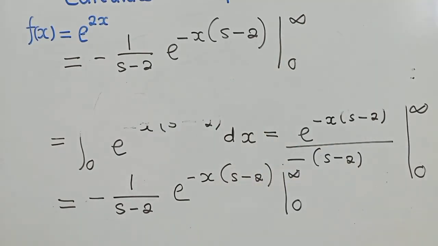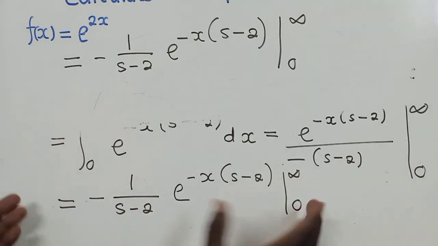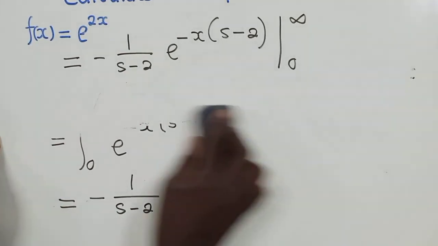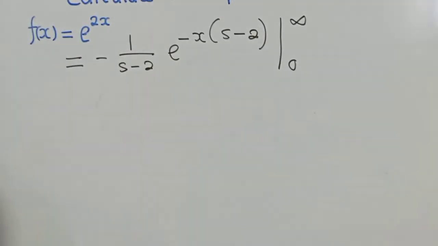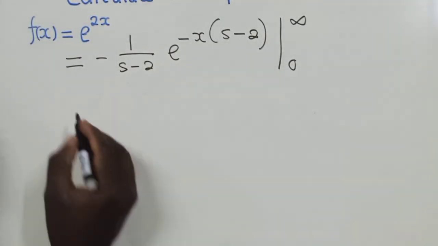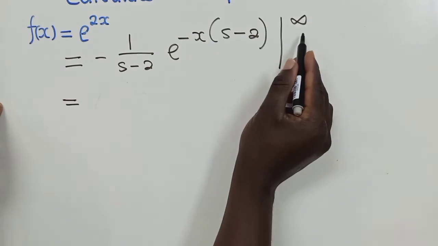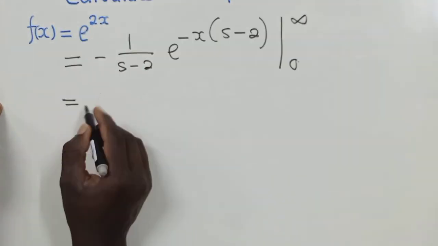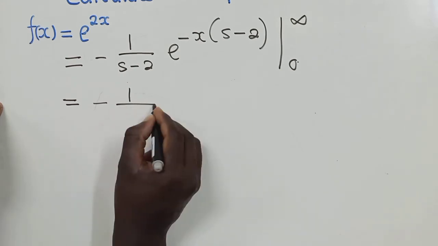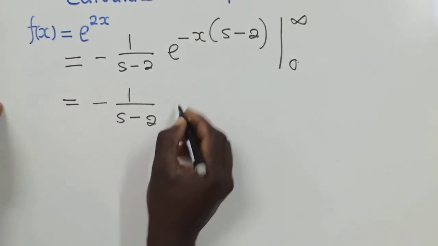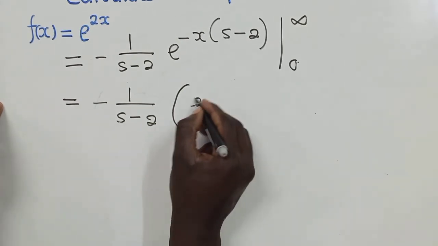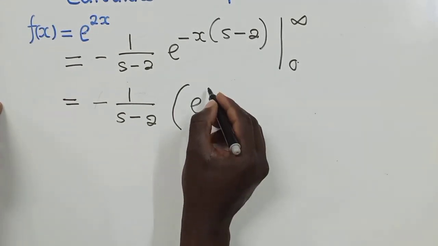So this is what we basically have. I've just copied what is down here because I've run out of space. So now here, let's apply the limits. These limits will be put where x is. We have negative 1 like that, and here I can put the brackets so that I apply the limits nicely.